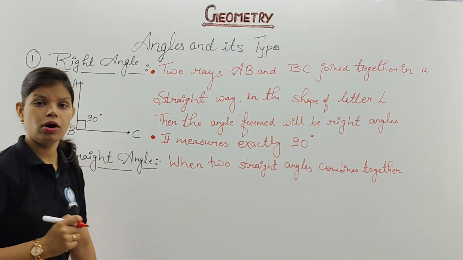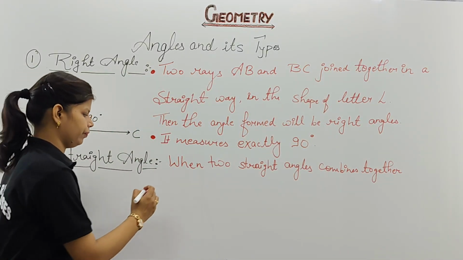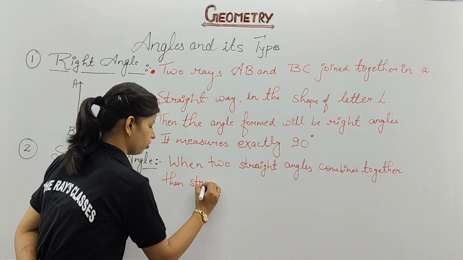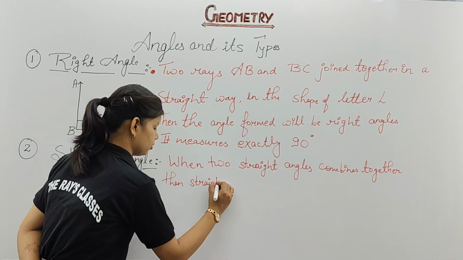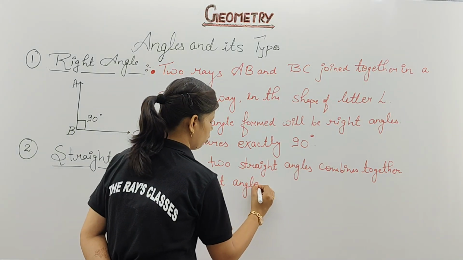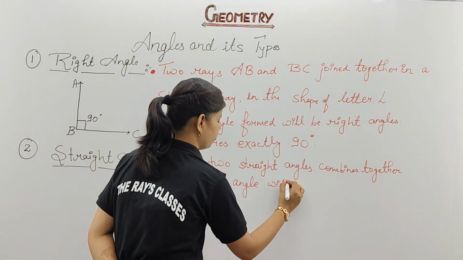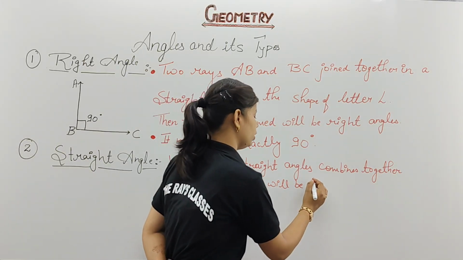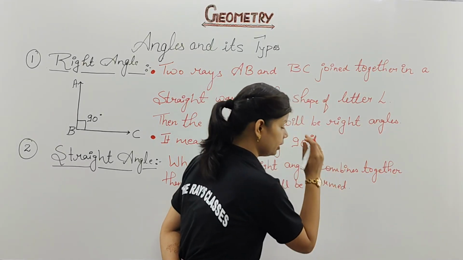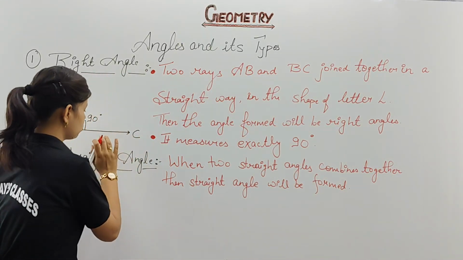Then it will form your straight angle. Then a straight angle will be formed. Clear? So please don't be confused. When two rays are meeting at a point, there an angle is formed, and such an angle is in a straight way. Such an angle is called your right angle.